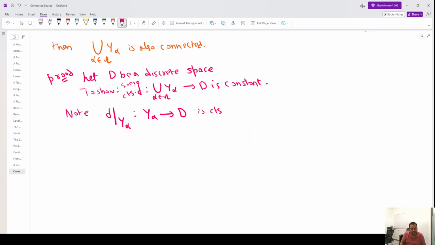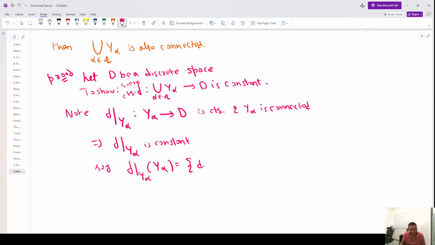So this is continuous and Y_alpha is connected. So what this implies, guys, is that this is constant. Okay. So say f restricted to Y_alpha of Y_alpha, since this is constant, is just say a singleton {d_alpha}, alpha in Lambda.